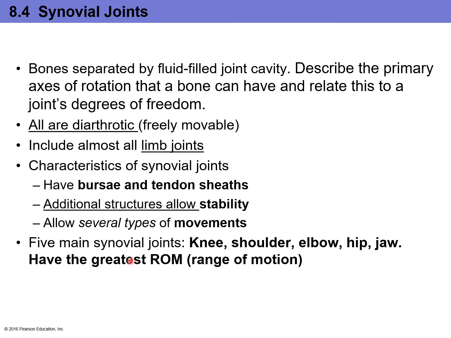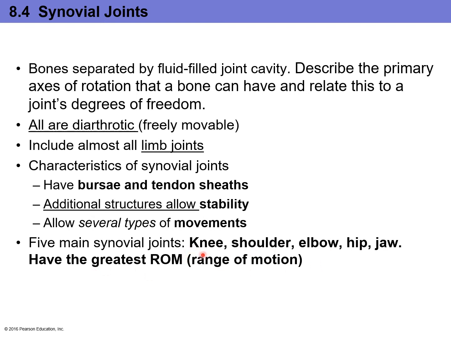Of course, like we've done with the other joint classifications, we're going to break synovial joints down into specific joints. The knee joint, that's really the big one. We're going to spend some time on that. The shoulder joint, elbow joint, hip joint, and right around the jaw, we're going to talk about just a couple points on the temporomandibular joint.